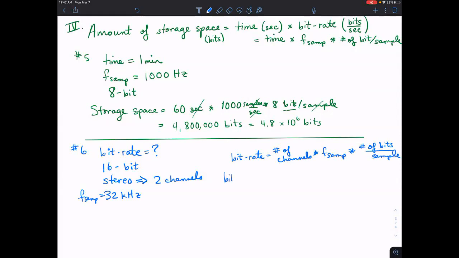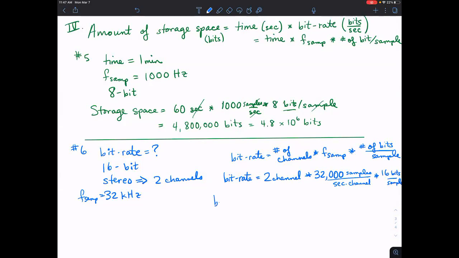Okay, so the bit rate then is equal to 2 channels times 32,000. Remember, you got to change it to hertz, which is samples per second per channel, times 16 bits per sample.